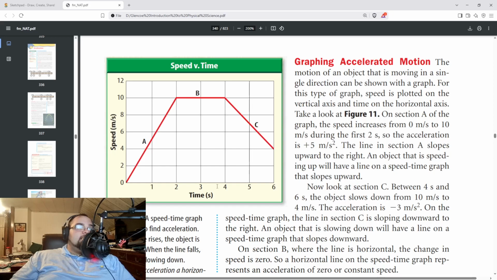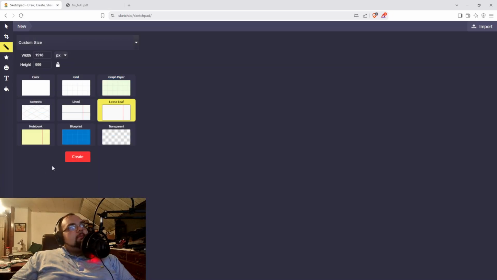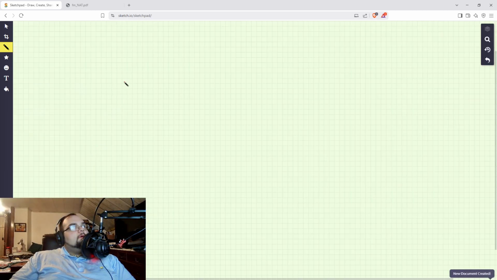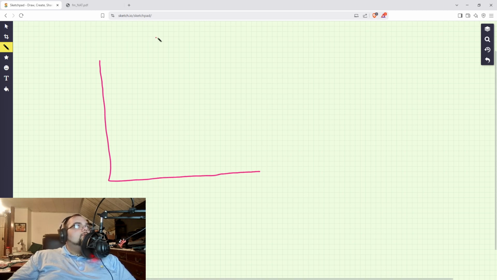Like with speed, we can graph acceleration. Now, if you remember, graph paper, wow. If you remember, on our speed graph, we had distance and we had time.